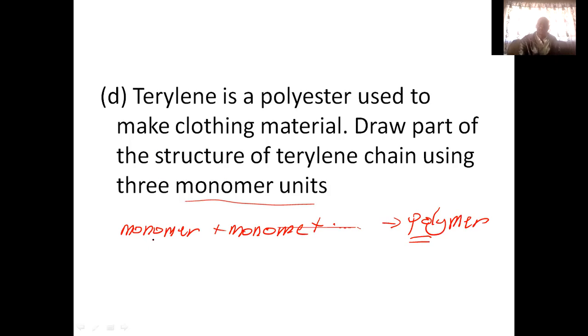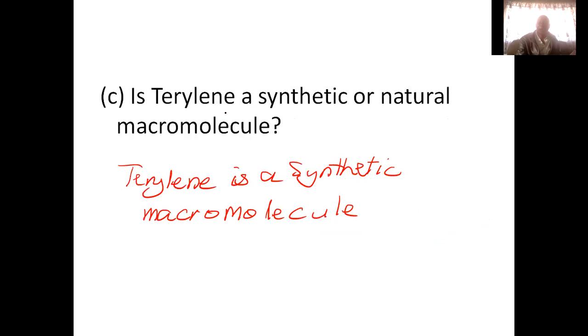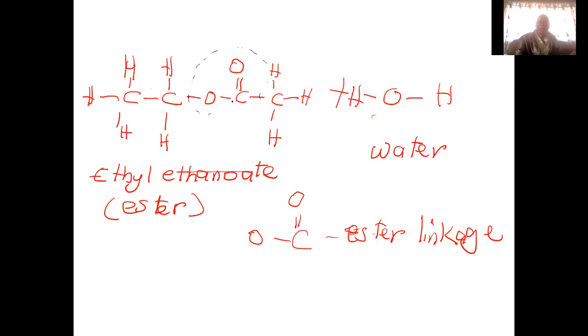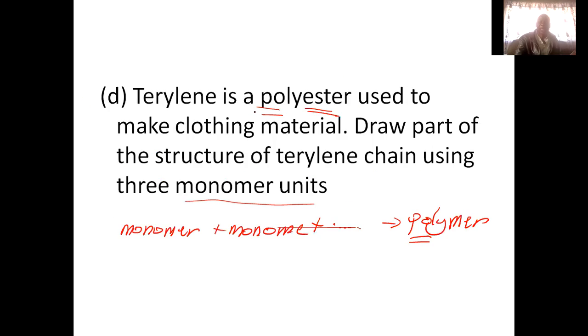And so this is how terylene is formed. And it means that it has got a lot of esters. Poly means many. It means that terylene is called a polyester because it has many esters, meaning the ester linkages that you remember we formed here. So there will be several of them, and therefore it is known as a polyester.